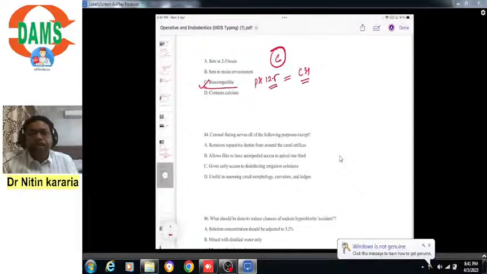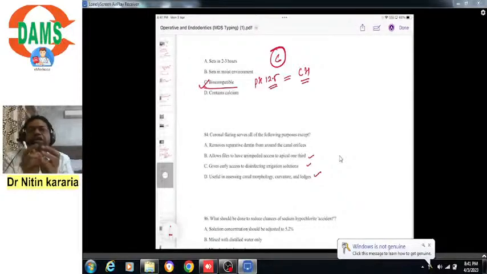So if we look at the technical aspects, then options B, C and D are justified. Whenever we do the coronal flaring of the root canal, the file is able to reach the depth of the root canal unimpeded. Whatever irrigants and medicaments we place have better access to the apical third of the canal.